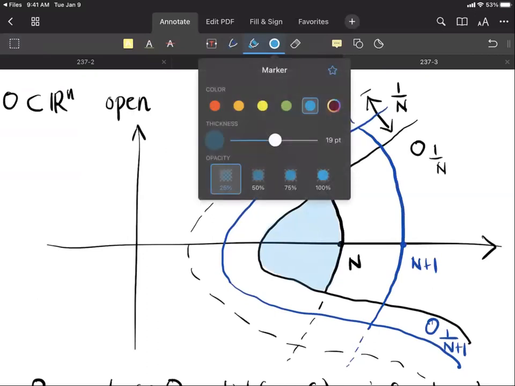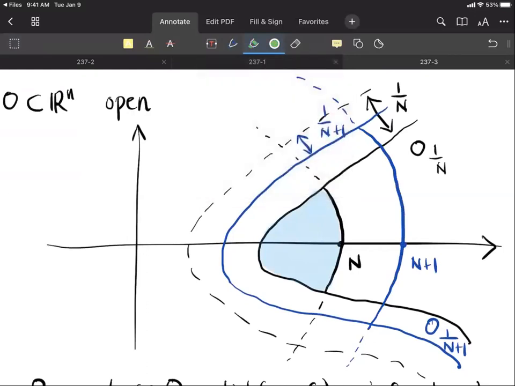And if you do that, by increasing n, you get a larger set, including the blue one in this case.